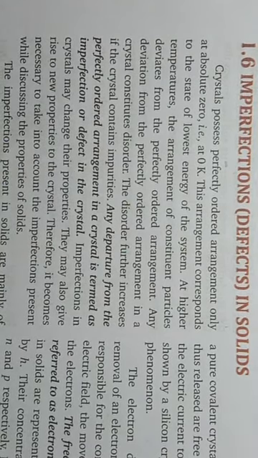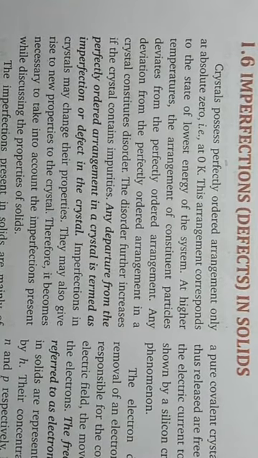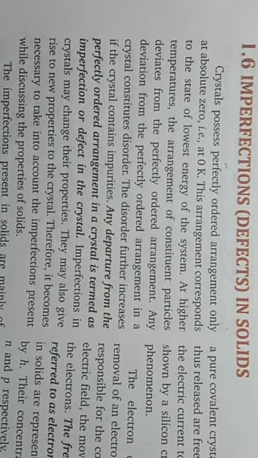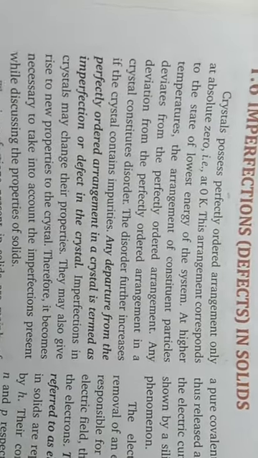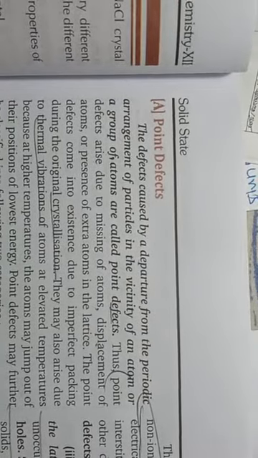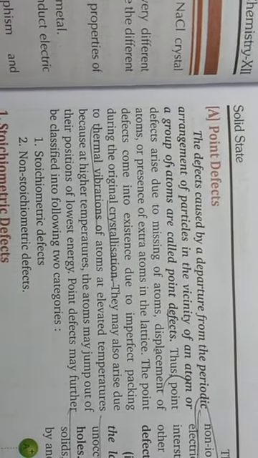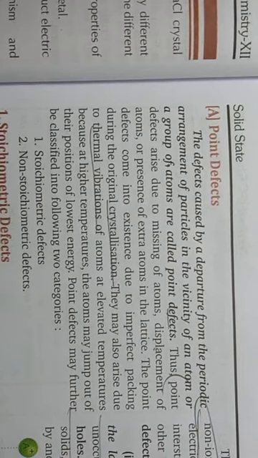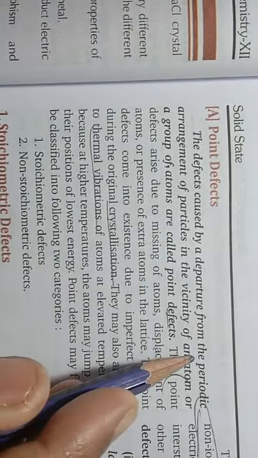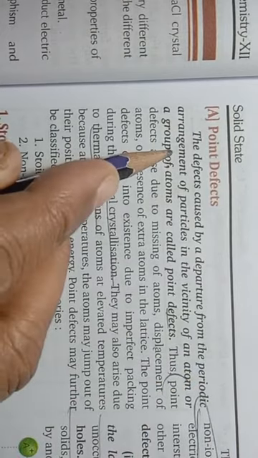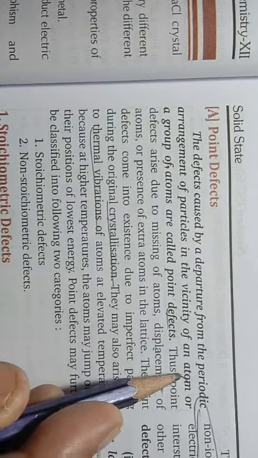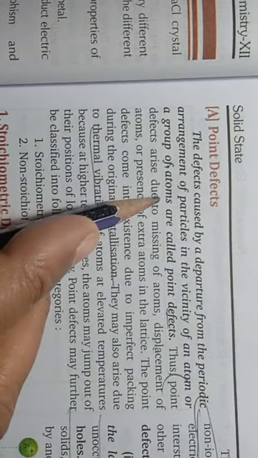Okay, so only one type of defect you are having in your syllabus, and that is point defect. So point defects are caused by a departure from the periodic arrangement of particles in the vicinity of an atom or a group of atoms.